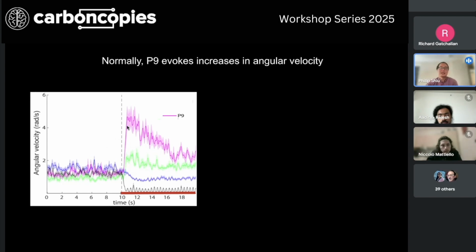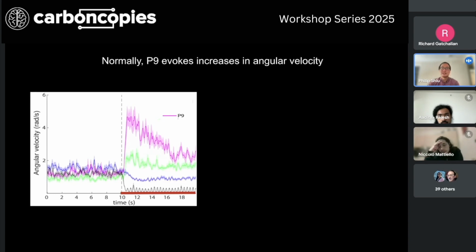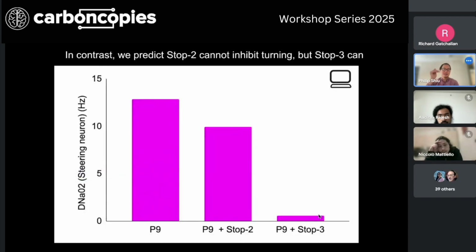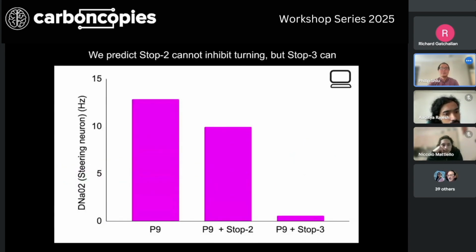P9 activation increases angular velocity, but when you activate both P9 and STOP3, so remember we said STOP3 can inhibit, we predict it to be able to inhibit turning, and in fact, activating it inhibits this increase in angular velocity. But here, we predict that STOP2 cannot inhibit turning.